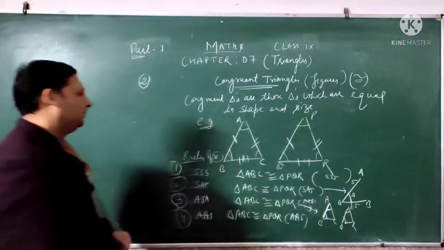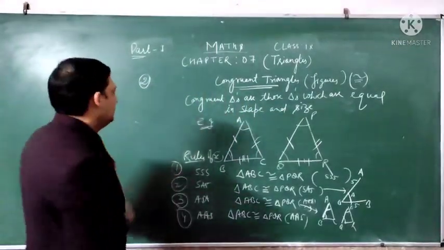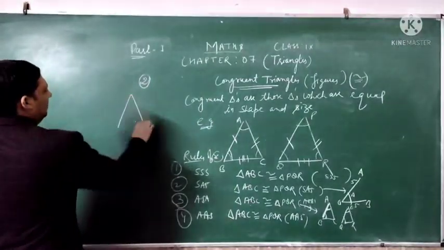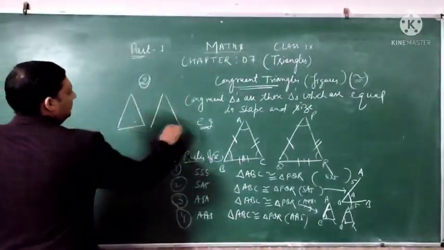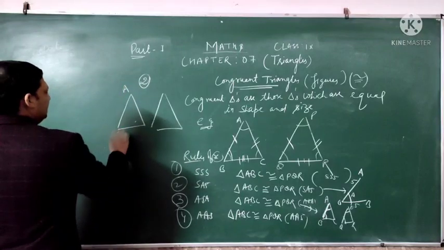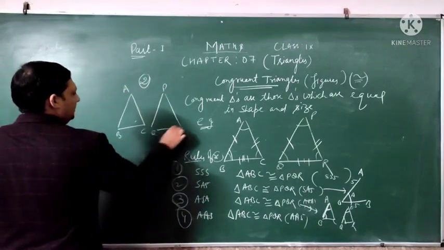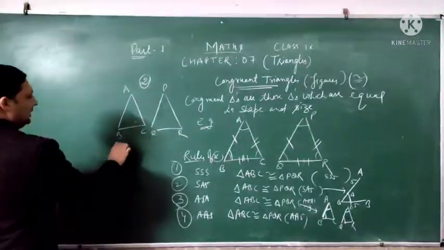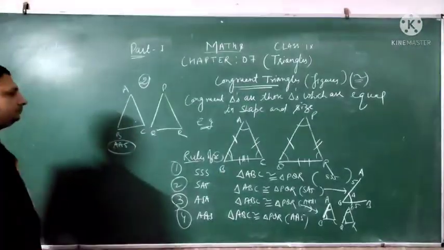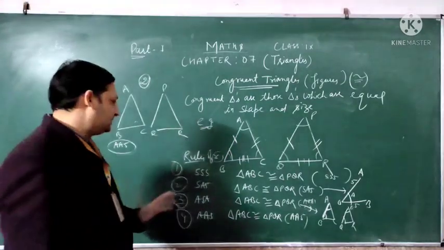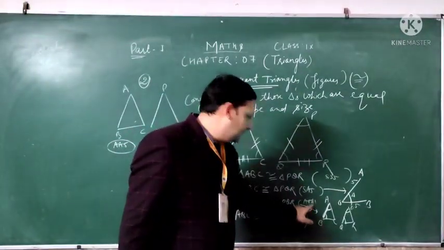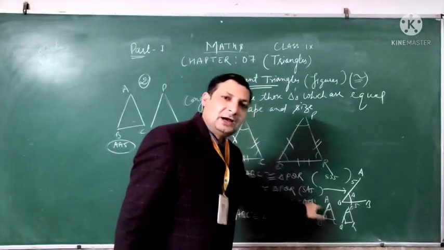So dear student, when we talk about angle side, I will explain here. I will draw two triangles ABC and PQR. We have to prove by angle side rule. Angle side means here also two angles were coming, but between the angles there was one side, so one side must be included.